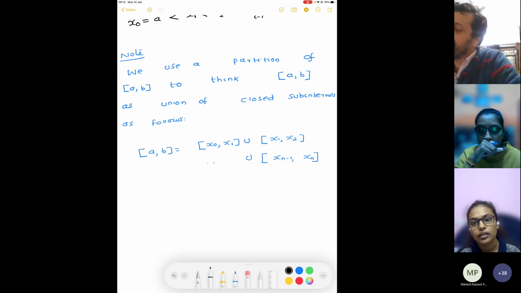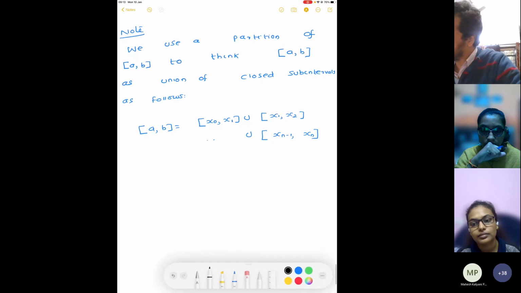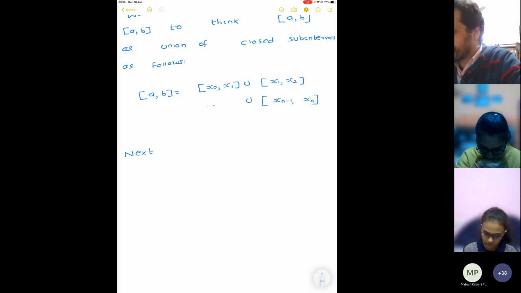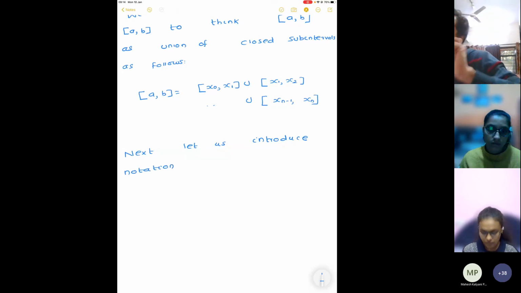For that, he introduced clean notation: supremum, infimum, and so on. So next, let us introduce some notation, a clean notation for supremum and infimum of a function over a set.